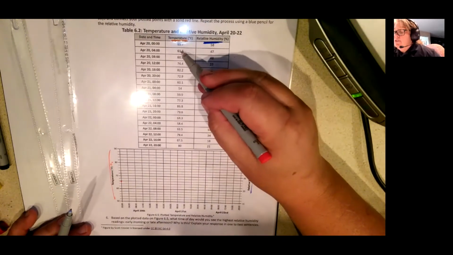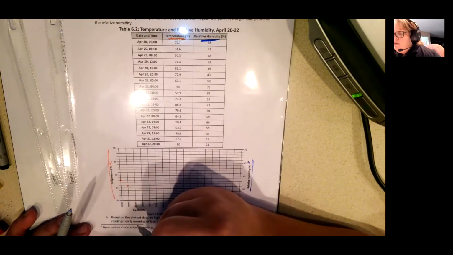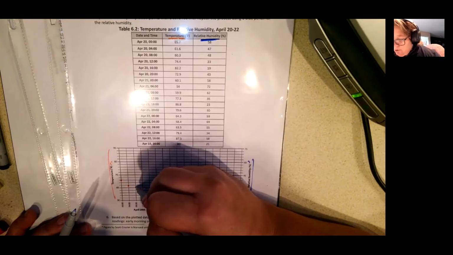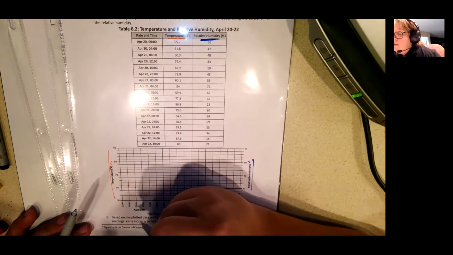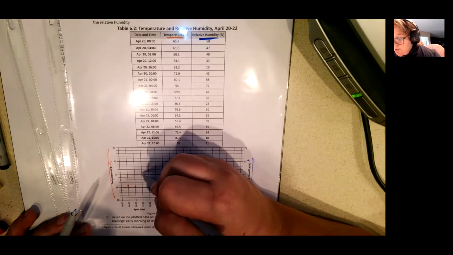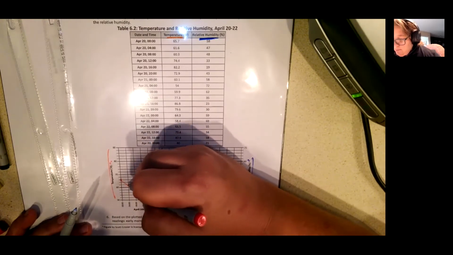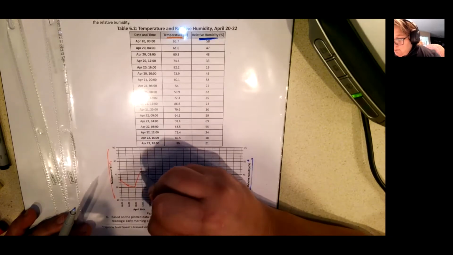And then our next one is just below 62, so that would be right around here. And then 60.3, so just above the line there. And then it shoots up to 74.4. And then you're going to connect the dots.